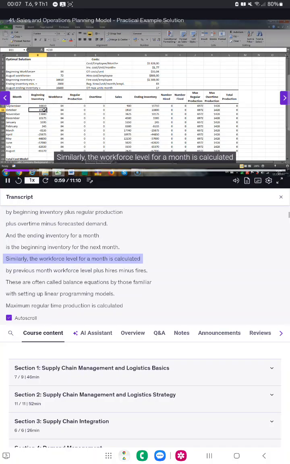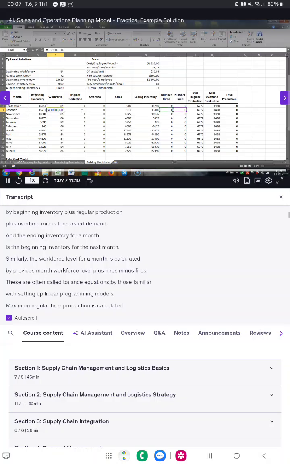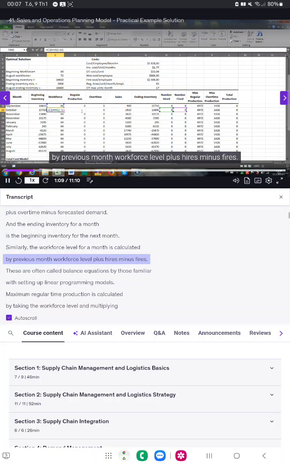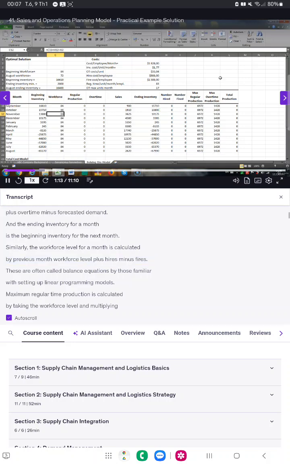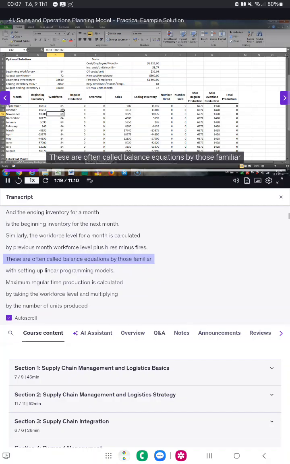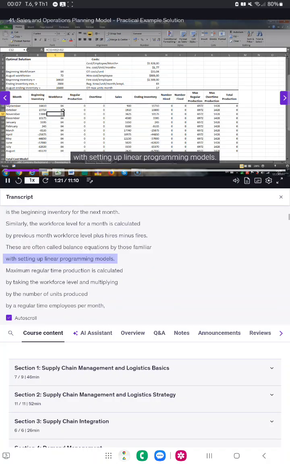Similarly, the workforce level for a month is calculated by previous month workforce level plus hires minus fires. These are often called balance equations by those familiar with setting up linear programming models.